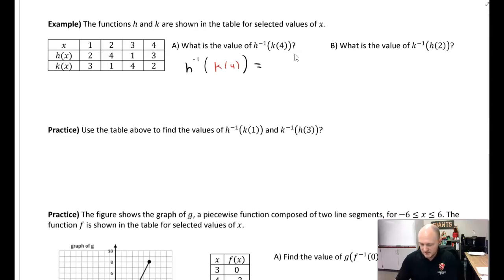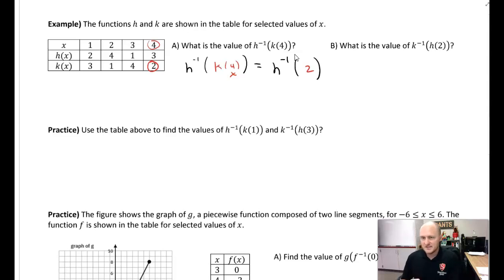So again, this 4 is an x value, so I'm going to go to my x value 4 and find the k value. That's going to give me 2. Okay, so I now have h inverse of 2. And now I have to find out what h inverse of 2 is.